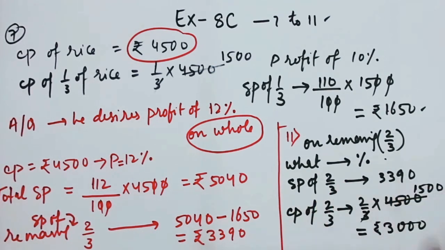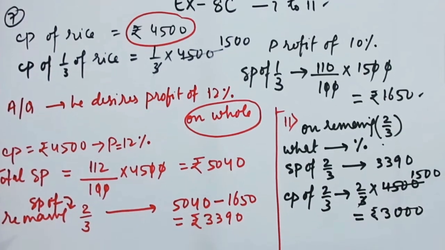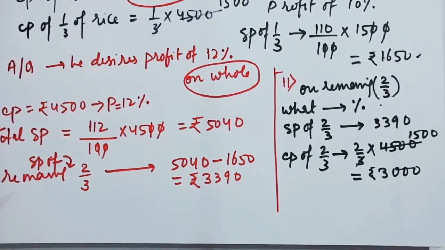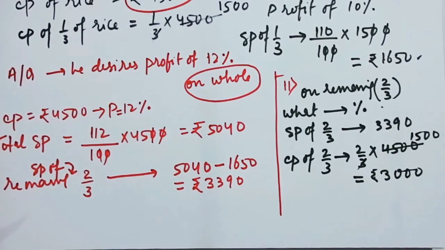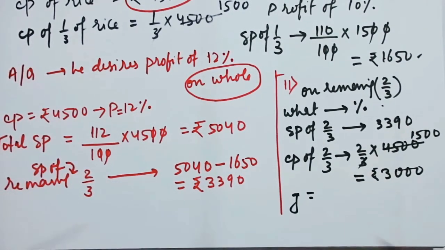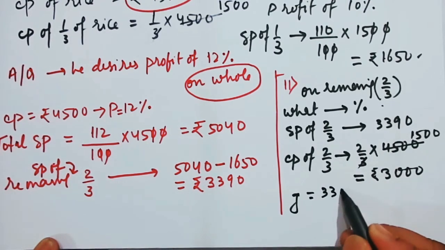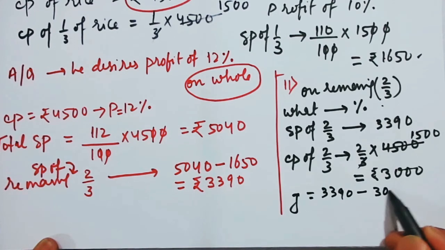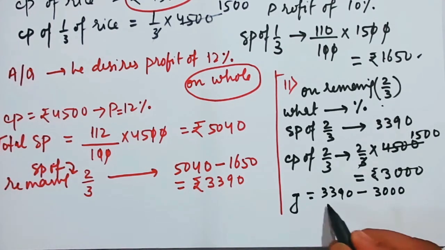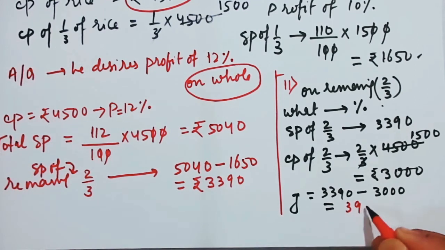Selling price of 2/3 is 3390. Therefore, gain is equal to how much? 3390 minus 3000 will give you 390. 390 is your gain.